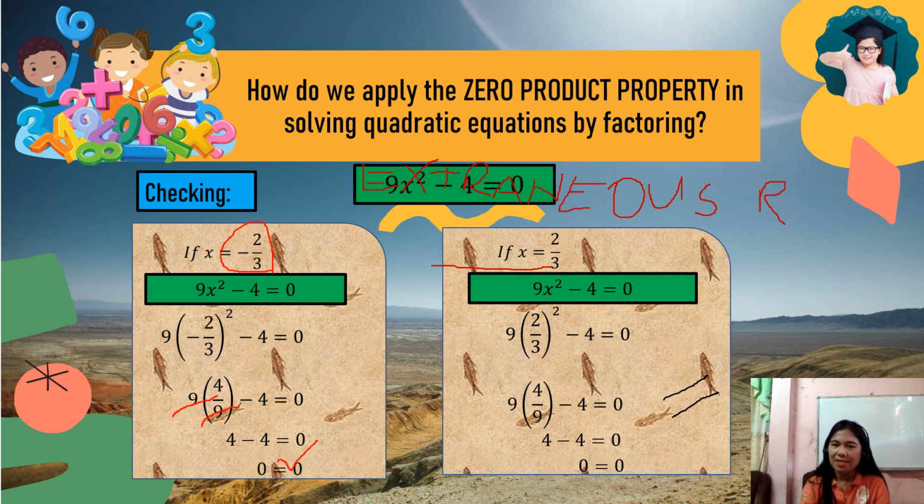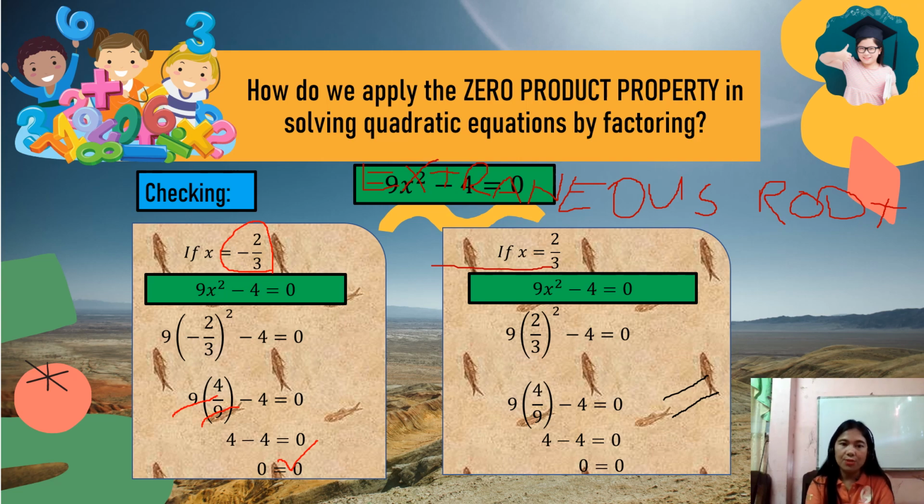Okay, baka kasi meron tayong extraneous root. Ano yung extraneous root? Minsan, nag-solve tayo, okay na. Nag-solve tayo, wala tayong mali. Kahit anumang gawin natin na checking, wala tayong mali. Check na talaga lahat. Kaso, when we do the checking, hindi siya correct.